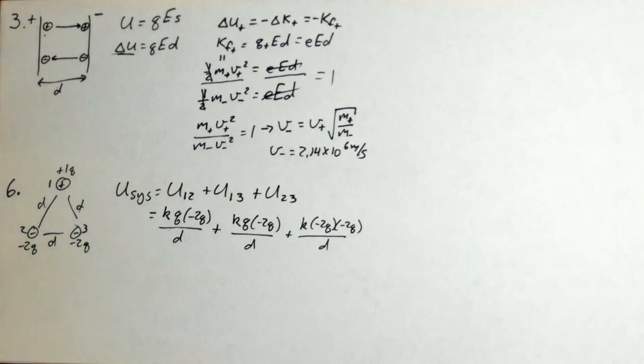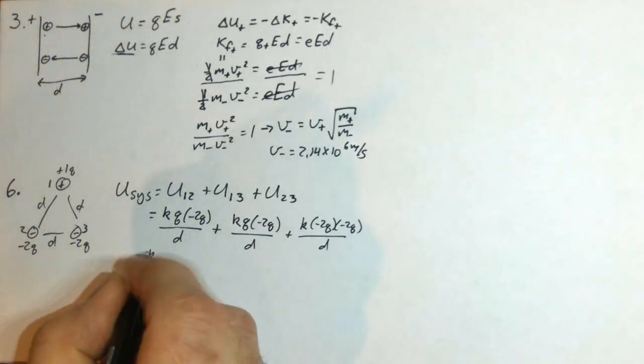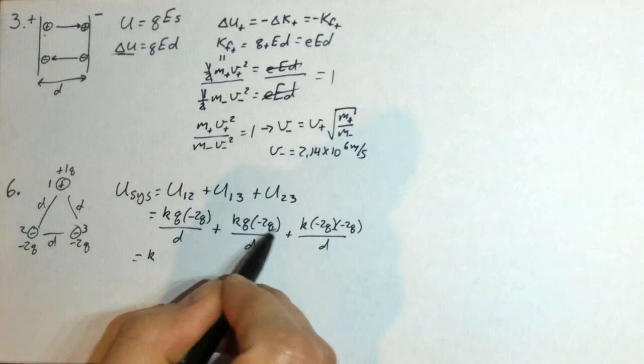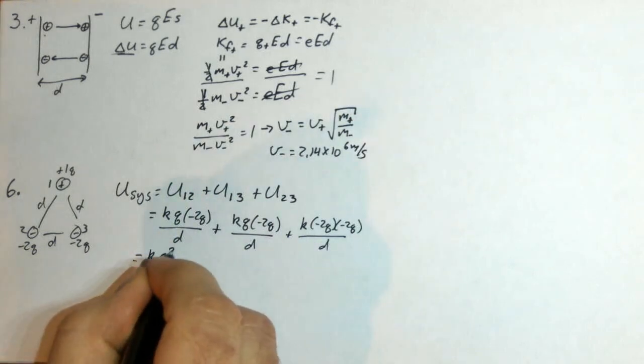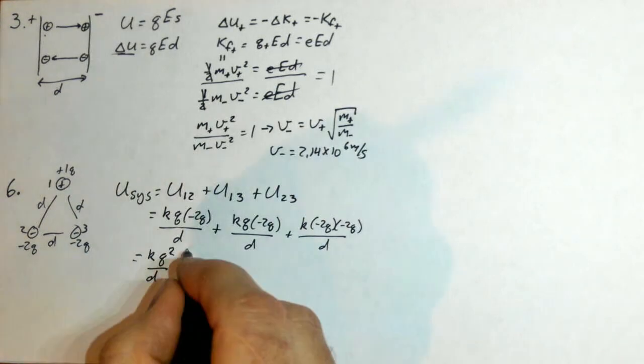And now you can see why I was being wise in writing my charges and distances in terms of this common variable. Because I can pull that out. I have a K. Each term has Q times Q, so there's a Q squared. Each term has a D. So I can pull that out. And what am I left with?